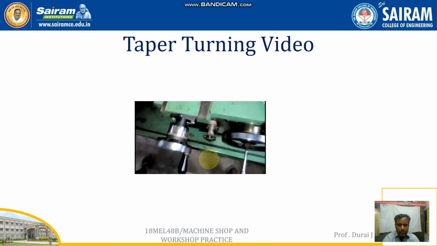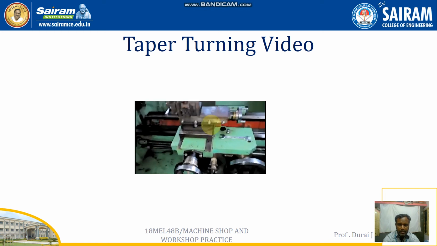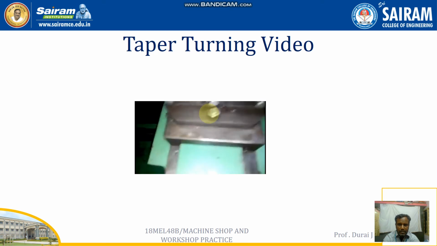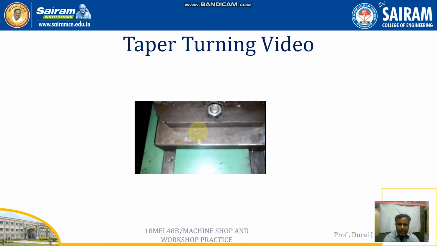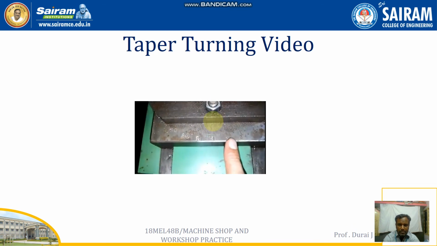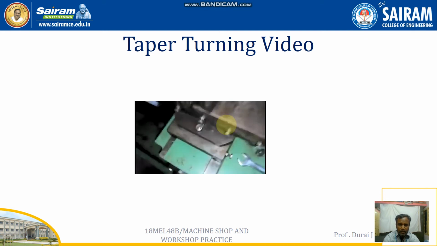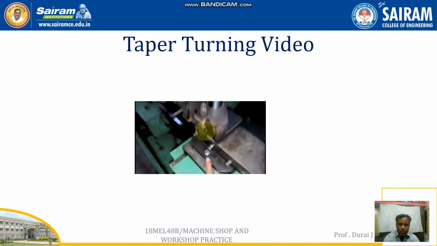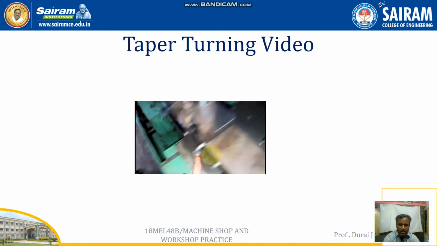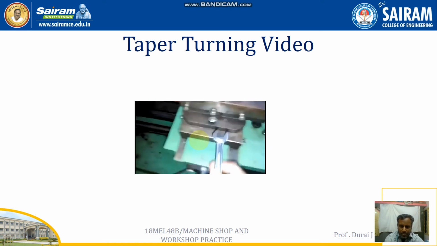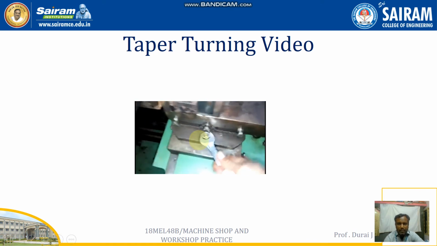Now coming to the lathe machine. This is the compound slide. It is marked in degrees, so according to the degrees, see over here. By removing this nut with the help of a spanner, you can turn it.